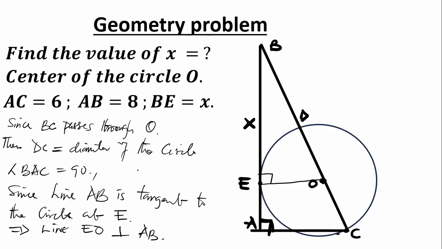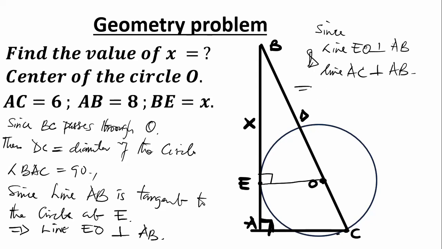So let me say since line EO is perpendicular to AB and line AC is also perpendicular to line AB, then it implies that EO is parallel to line AC. So these two lines are parallel.